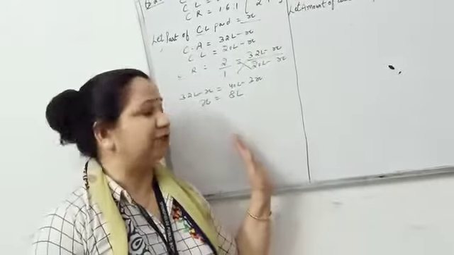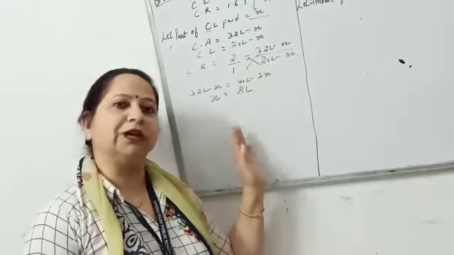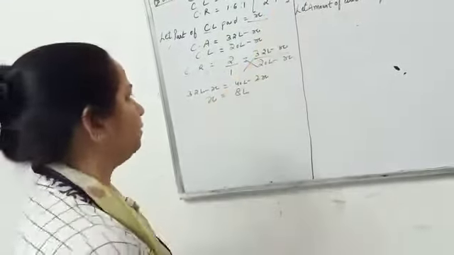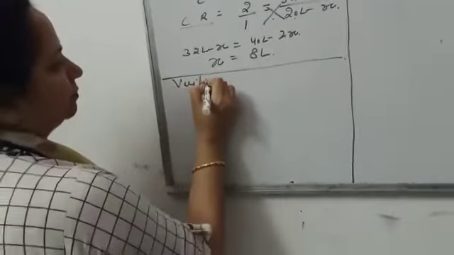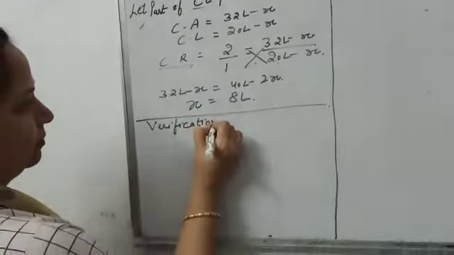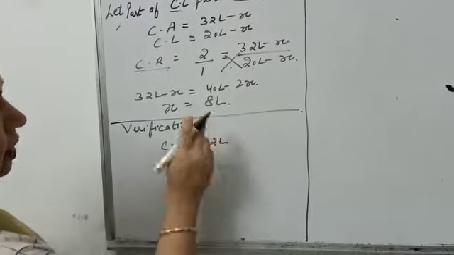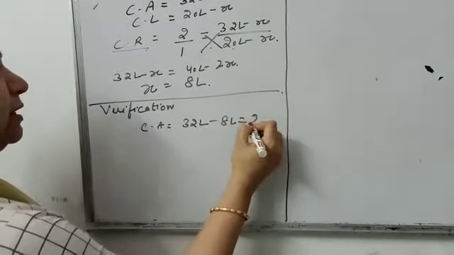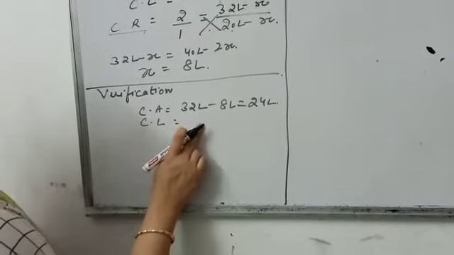We can further verify whether our answer is 2:1 or not by putting in the values. Current assets are 32 lakh, and I have already solved that 8 lakh liabilities are to be paid, so it comes to 24 lakh. What will be the effect on the current liabilities?